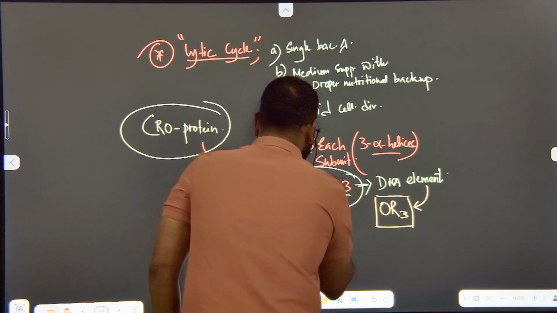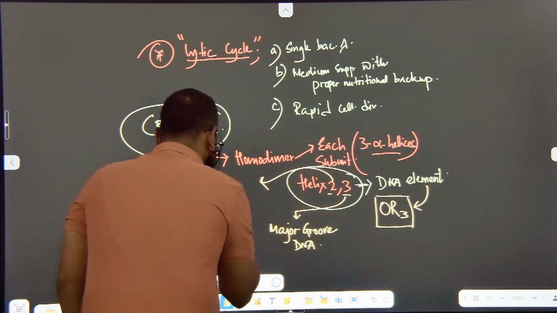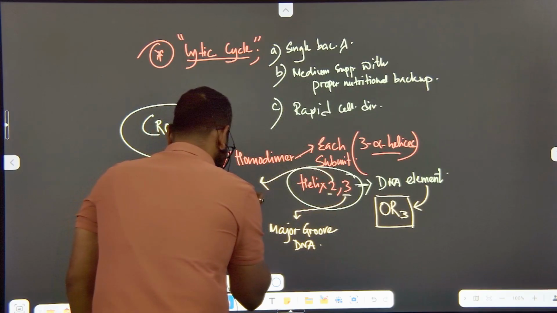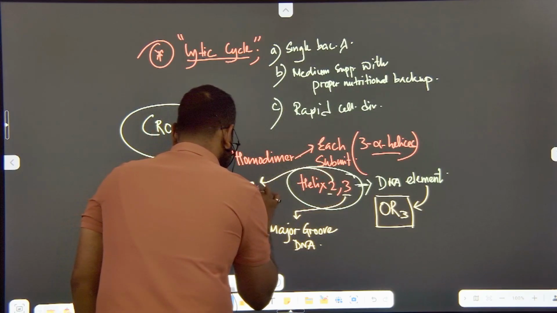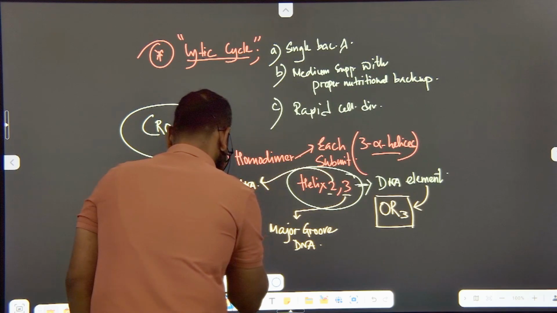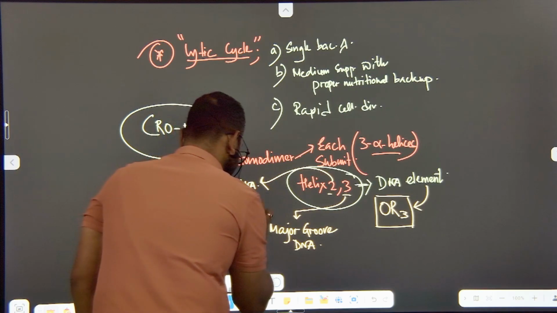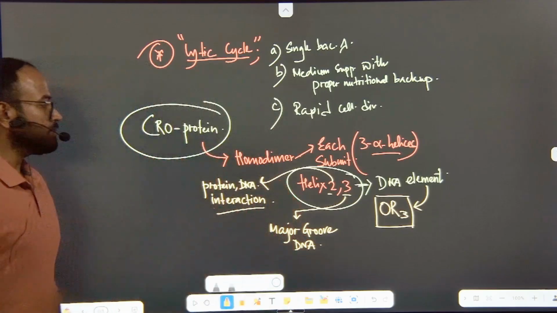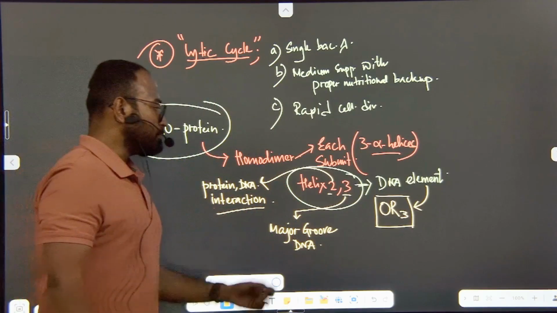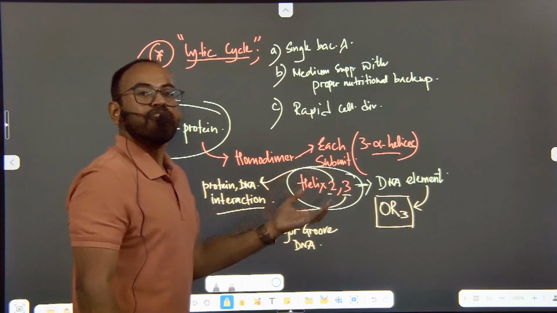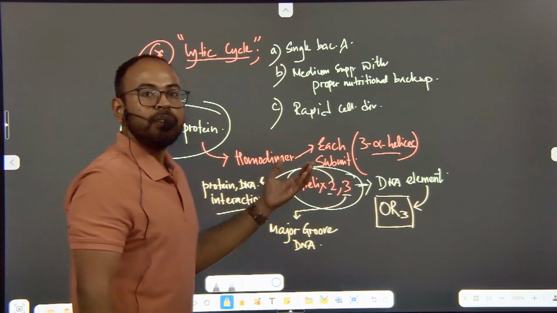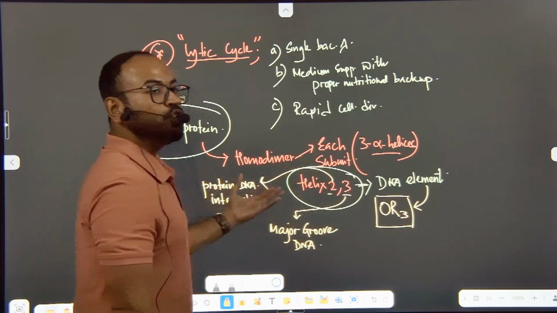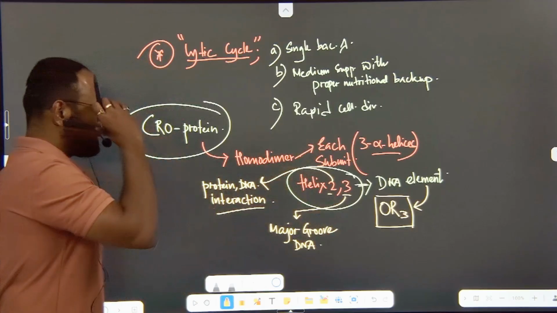And helix 2 stabilizes the protein DNA interaction. That means they form a helix loop helix interaction.